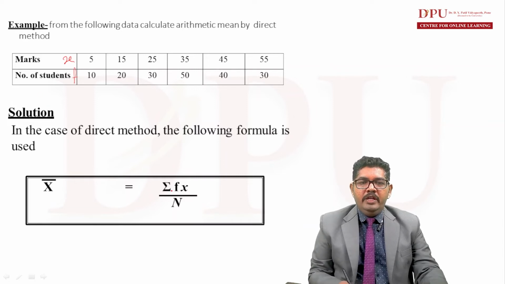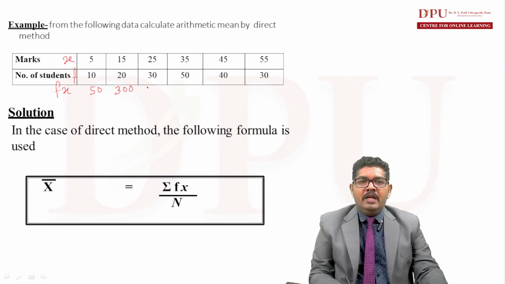So in the formula, we need summation of fx in the numerator, and this is divided by n. So n is the summation of frequency. We can calculate the fx values. 10 5s are 50, then 15 multiplied by 20, 15 2s are 30, so 300.